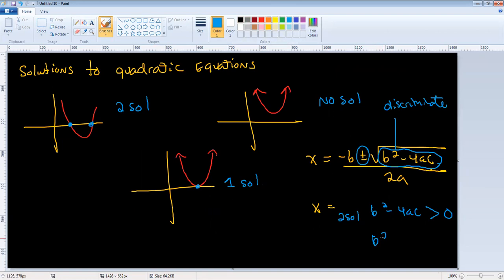So if this thing is less than 0, then guess what you get? You still get 2 solutions, because if this is a number and you have a plus or minus in front of it, you still get 2 solutions, but they're the complex solutions, right? So what do we know about the complex solutions? Well, the complex solutions aren't actually zeros. That's when the graph doesn't hit the other function.